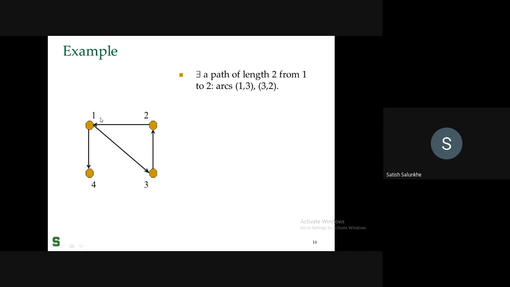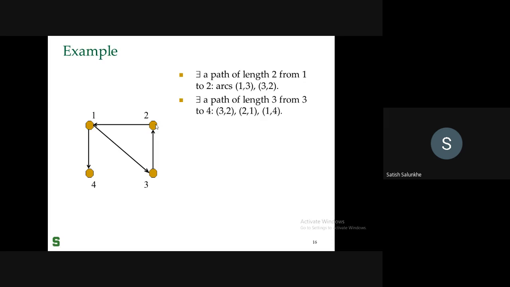So there is an association from node 1 to node 2 via length 2, meaning via one intermediate vertex: 1 to 3 and 3 to 2. Alternatively, vertex 2 is at a distance of length 2 from vertex 1.